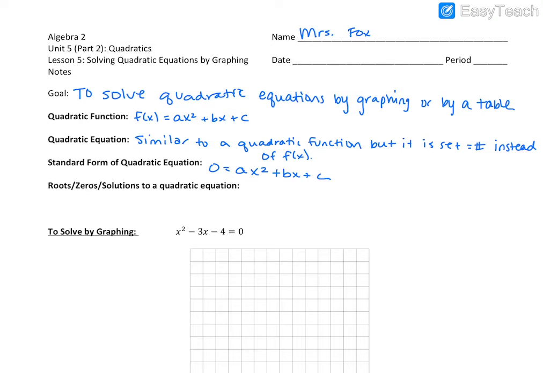This is just the value of x, the solution of x, that makes the equation true. So let me give you an example here.